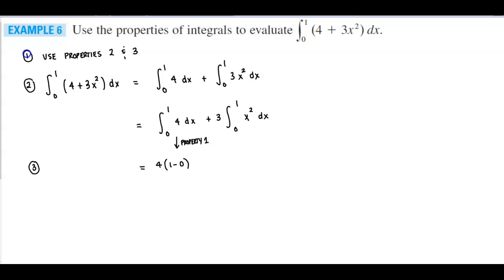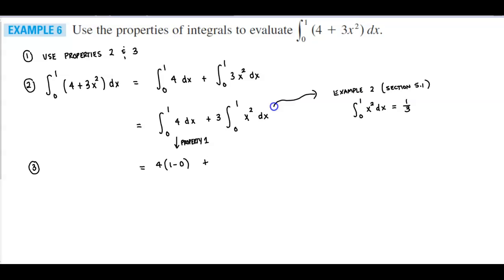And what else do we know? Okay, well, if we take a look at example 2 in section 5.1, we determined that the integral from 0 to 1 of x squared dx was equal to 1/3.